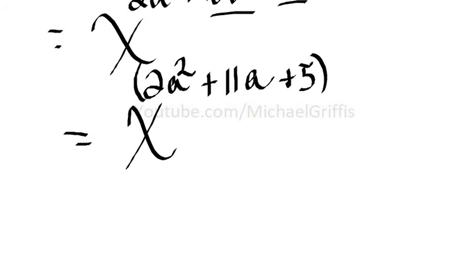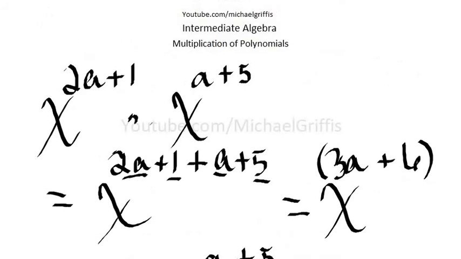Okay, well, I think that we are finished on multiplication of polynomials. You should have a fairly working knowledge of it. Of course, all this stuff builds on one another, and we just continue to do the same things over and over again as we work our way through intermediate algebra.